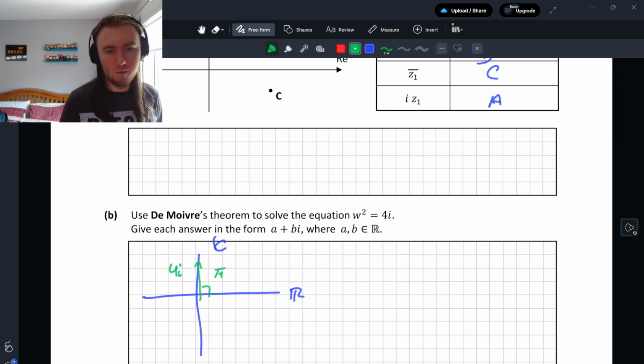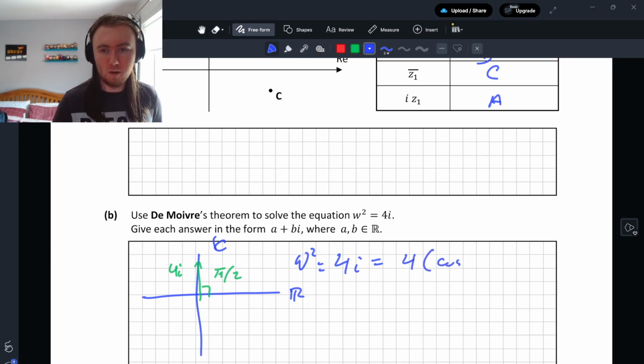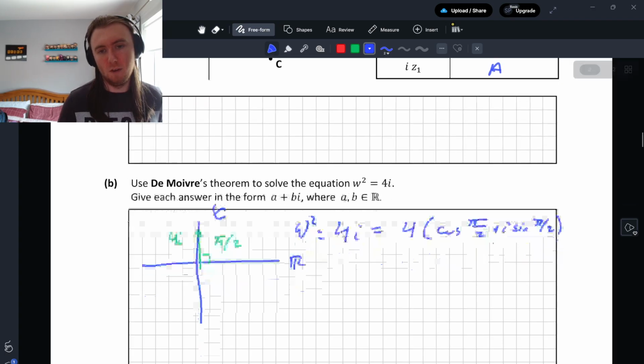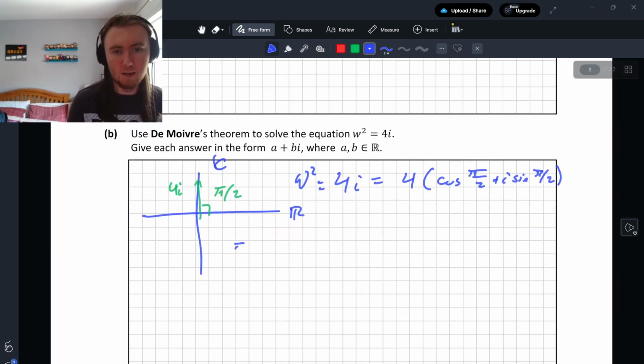That angle is, of course, pi on 2. So 4i, which is equal to w squared, is just 4 times cos pi over 2 plus i sine pi over 2, of course including the 2 pi k.